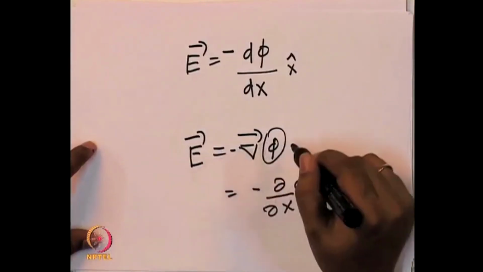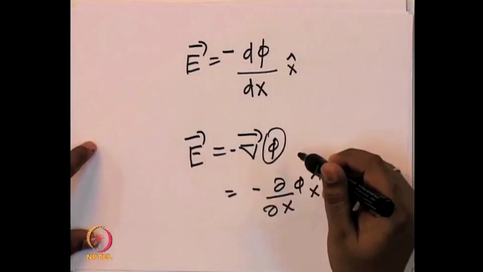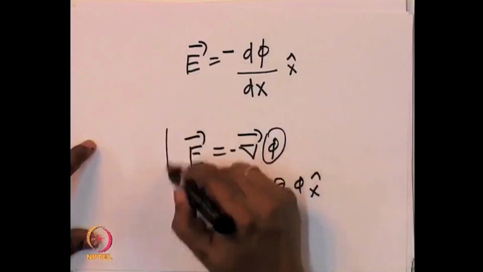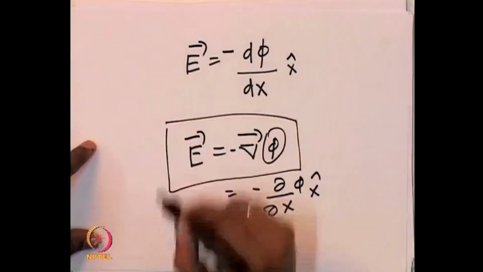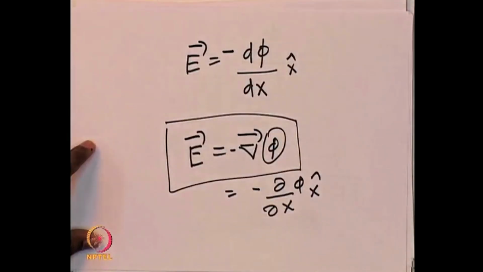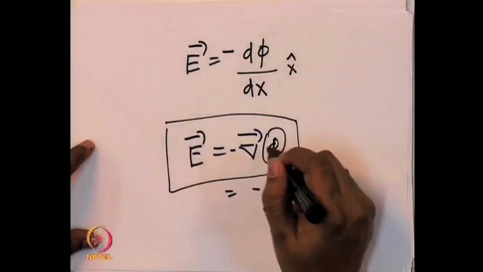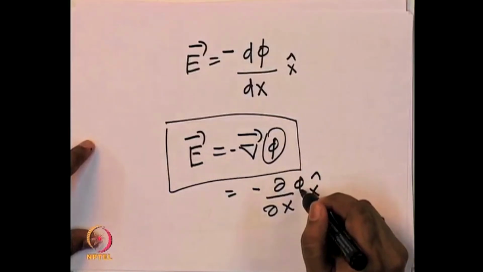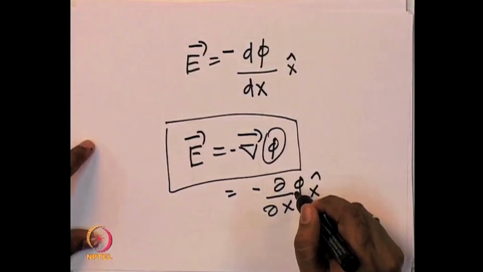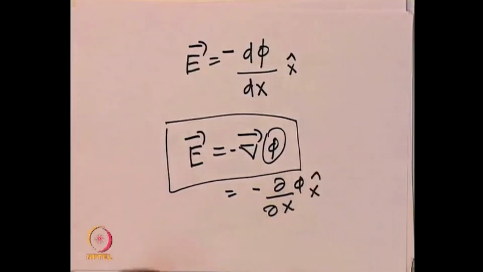Knowing this, this is some simple idea that we have to remember from electrostatics. If we know that the electric field is the derivative of potential, we can go back and do the algebra of all the equations that we learned.